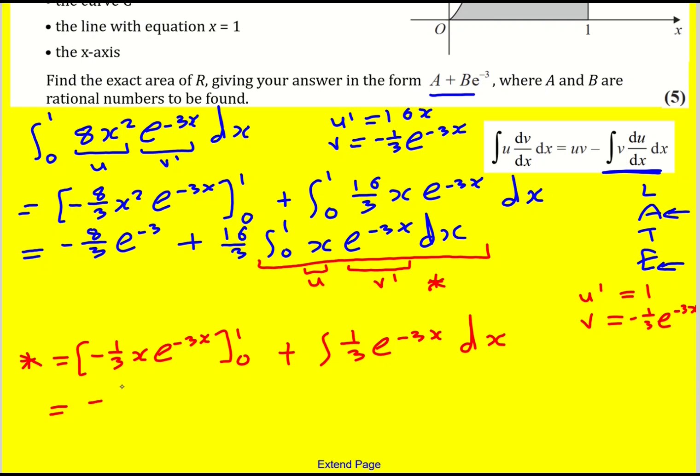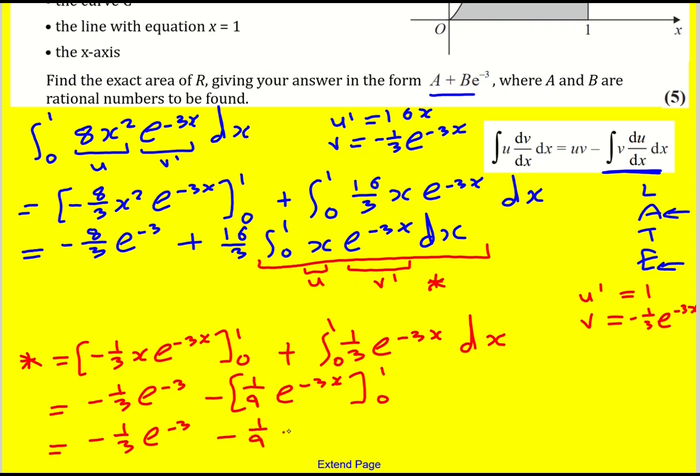Substitute the 1 in, minus a third e to the minus 3. And again, when I put the 0 in, I don't get anything. And then over here, I'm going to get minus 1 over 9 e to the minus 3x. Sorry, I forgot to put the limits in, evaluated between 0 and 1. Then over here, I'm going to get minus 1 over 9 e to the minus 3.